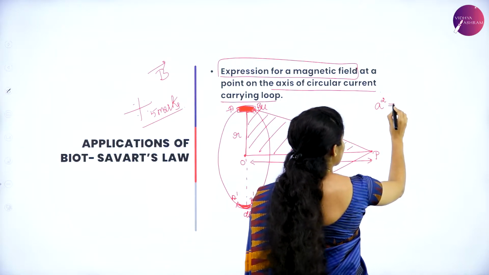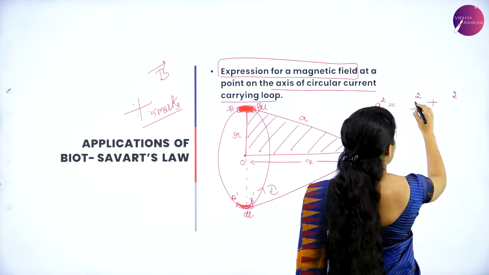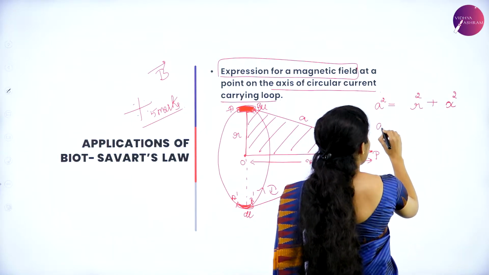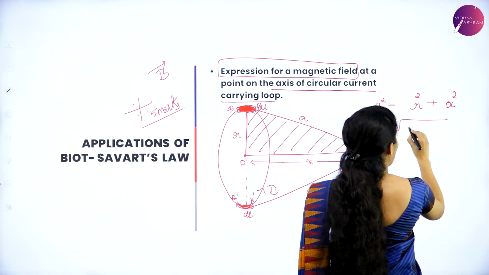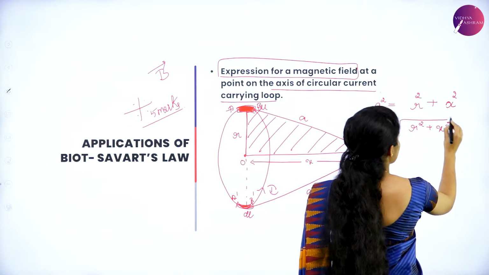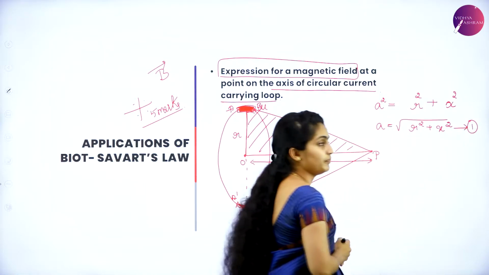Hypotenuse square is equal to sum of squares of the other two sides, r and x. So we have A is equal to root of r square plus x square. Consider this as equation 1.